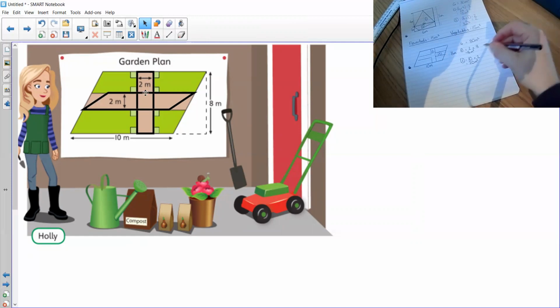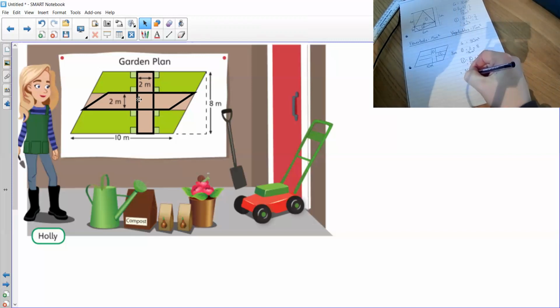Path number 1, which is 16, and path number 2, which is 20, together equal 36 meters squared. Then I'm going to take away one of those squares, so 4 meters squared, and I should end up with 32 meters squared for the path.